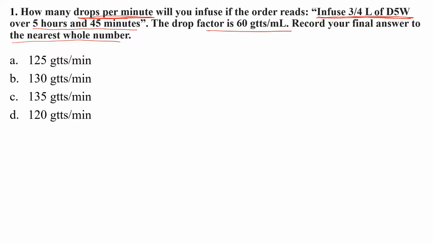So here we have to see 3/4 of a liter. Since we have to convert this into ml, as the formula requires, drops per minute equals volume to be infused in ml multiplied by drop factor divided by time in minutes.